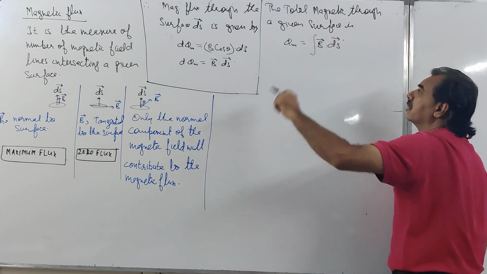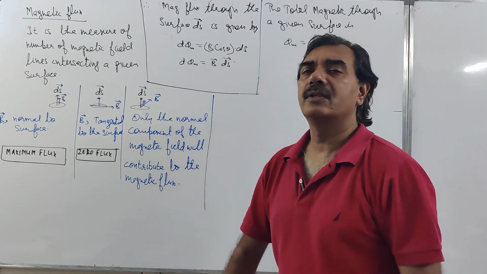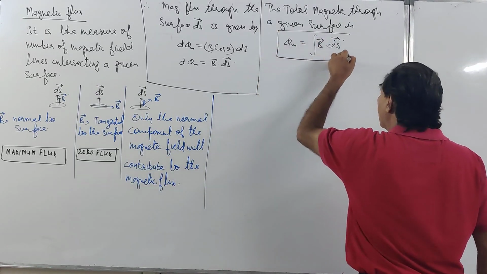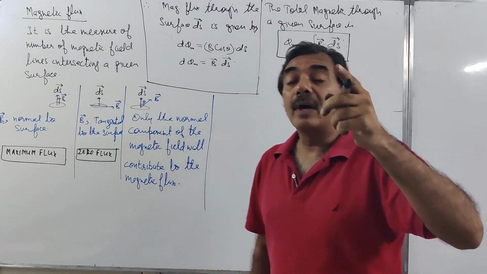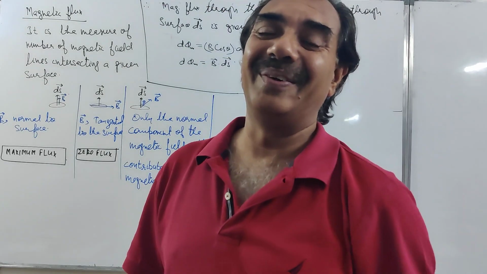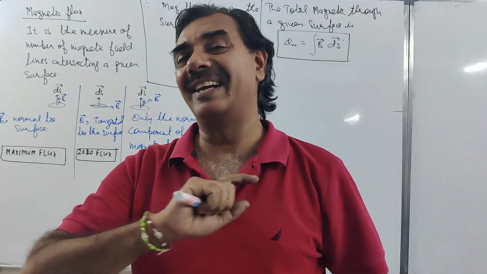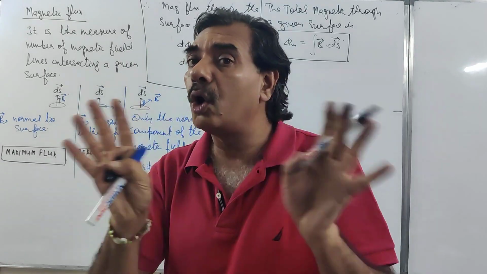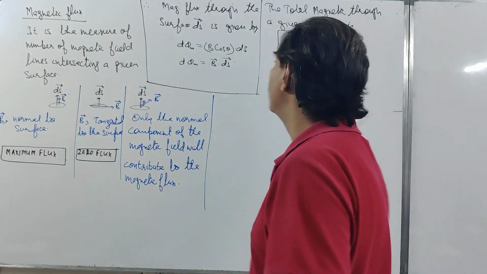The total magnetic flux for a closed surface is always equal to zero, because the total number of field lines entering it and leaving it would be the same. But if we have a given surface which is not closed, there will certainly be magnetic flux through it.